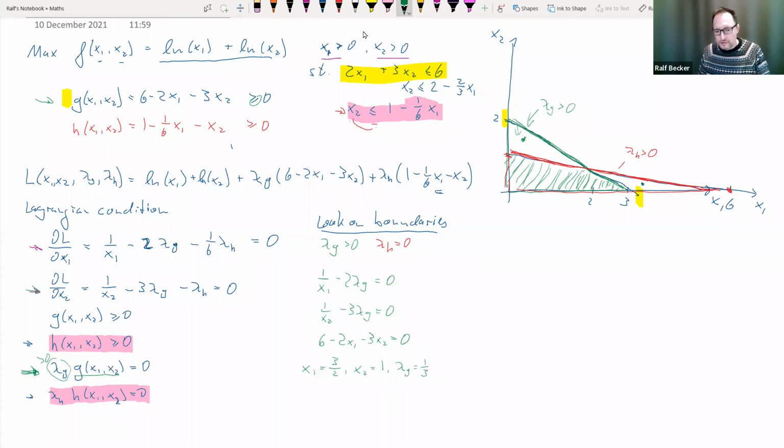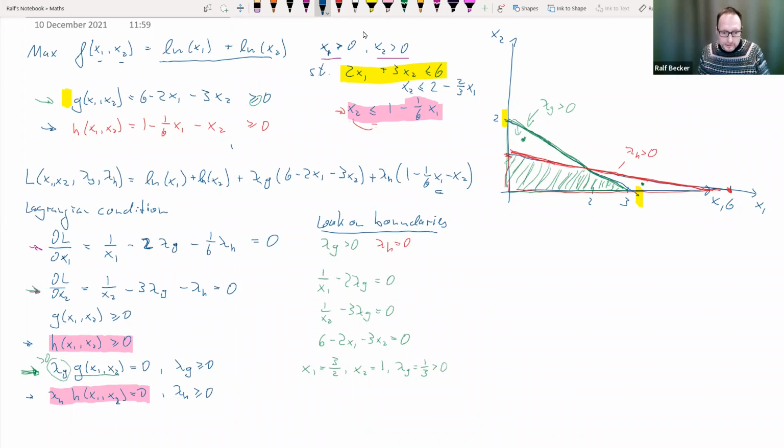So firstly, note that lambda g is larger than 0, which is great, because we also know, and we typically add that here, I forgot to add that here, that lambda g and lambda h, our Lagrangian multipliers, have to be larger or equal to 0. So that's fine. Okay, it's a potential solution, but what we haven't checked yet is whether this point is allowed by h, by our second constraint.